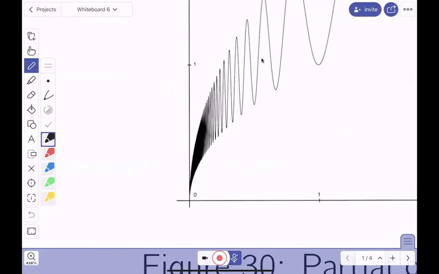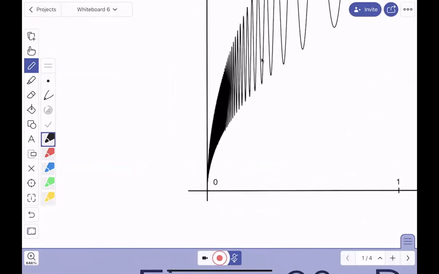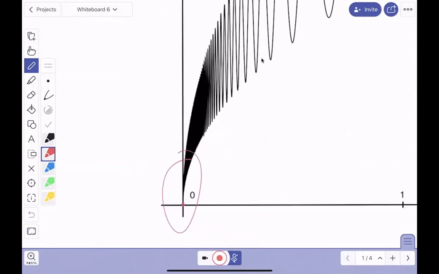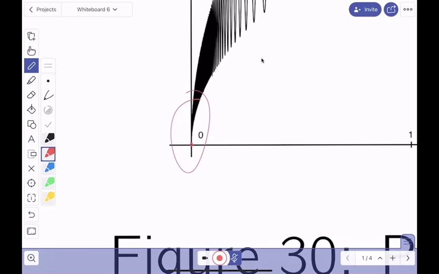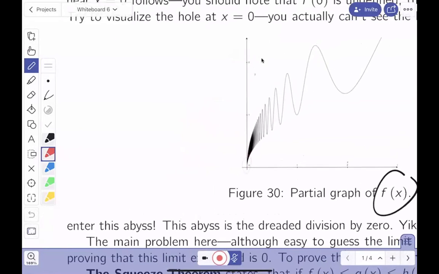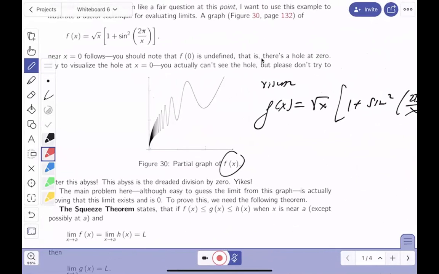No matter how close I get, my big concern is I'm wondering what's happening over here. So you keep zooming in, zooming in, zooming in. But I think at some point you start to realize, maybe it's going towards 0, but I want to point out there's a hole there. Anyway, the visual and tables are all leading to the same conclusion, that this thing's going towards 0. I don't mind you doing that, all right?